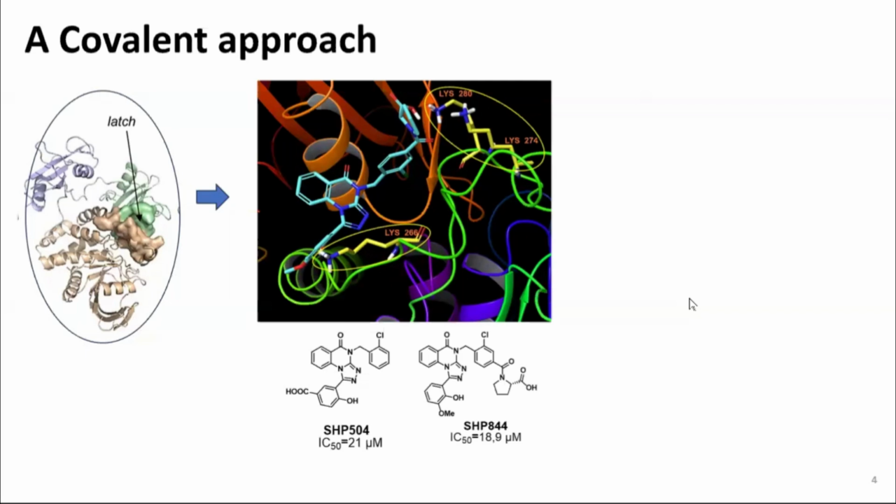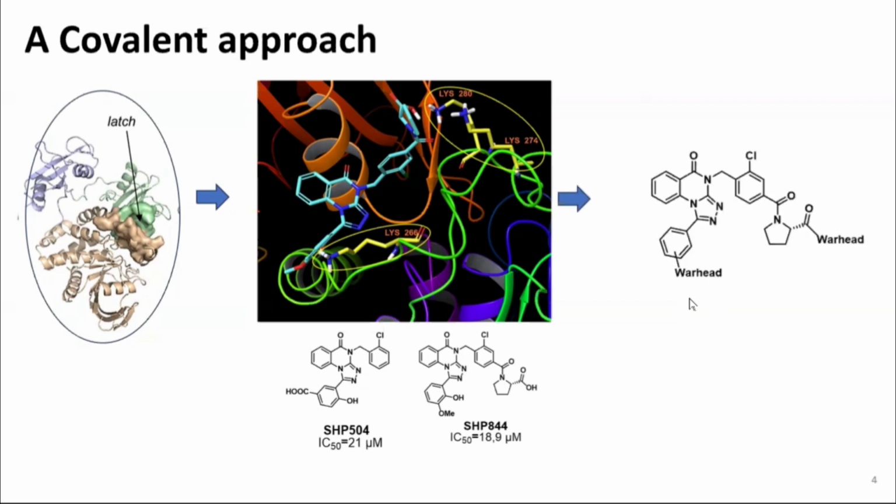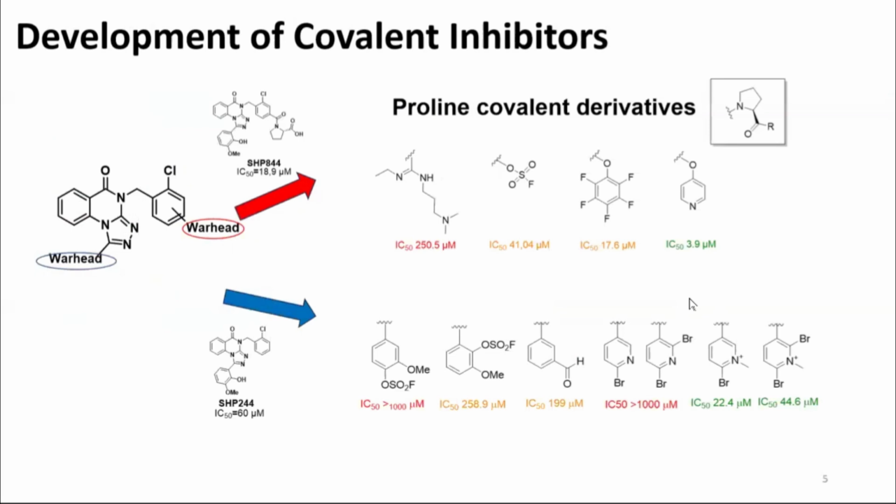So we decided to focus on improving this inhibitor even more through the covalent strategy tackling these lysines. How? Equipping and installing warheads on either the proline moiety or the aromatic moiety bonded to the triazole. So these are the first results.